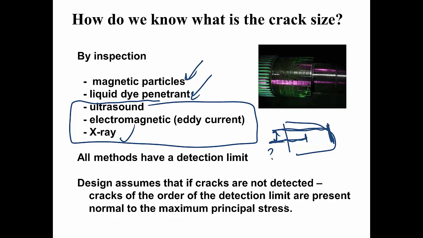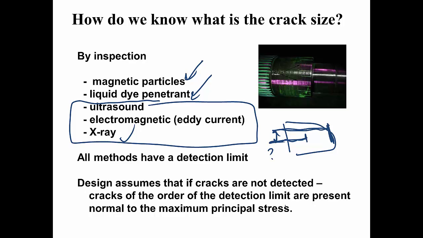X-rays, if you can penetrate your material with them, are a very common technique. And of course, electromagnetic testing, which in the presence of cracks will modify eddy currents, and there are calibration techniques that give you some idea of the existing cracks. If you can see the cracks, of course, that gives you an idea of the maximum crack.